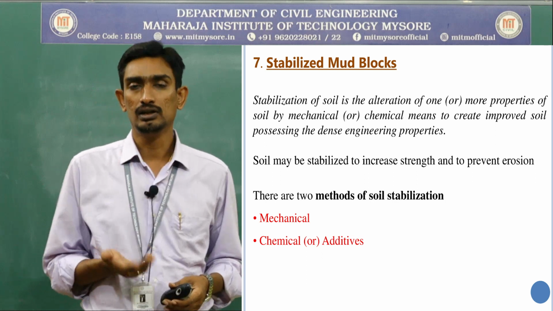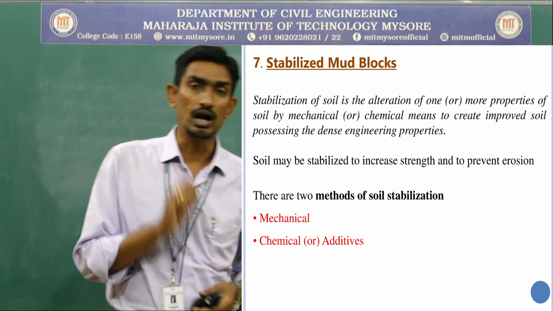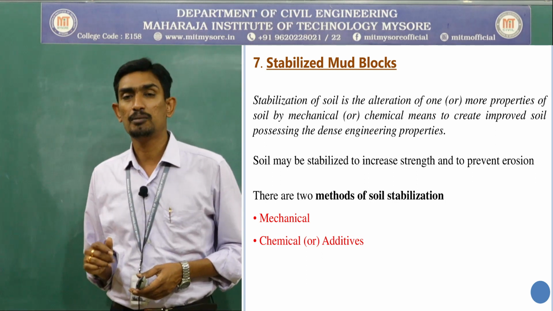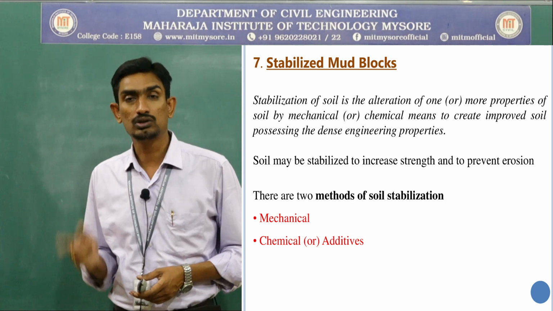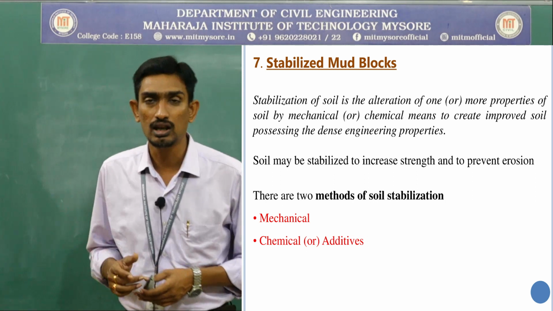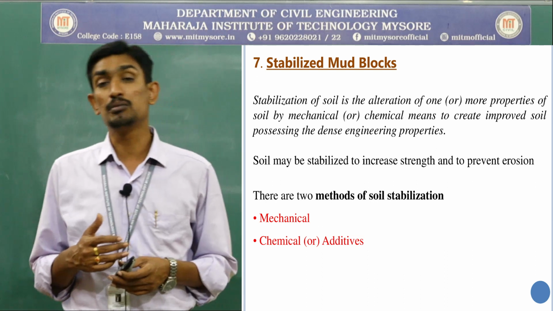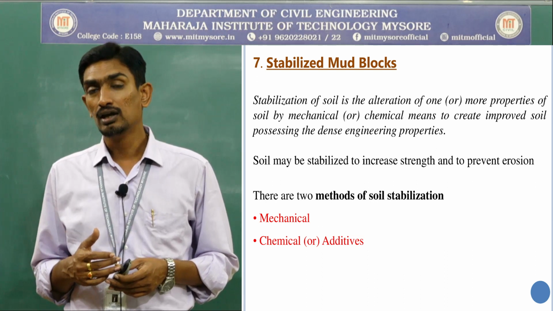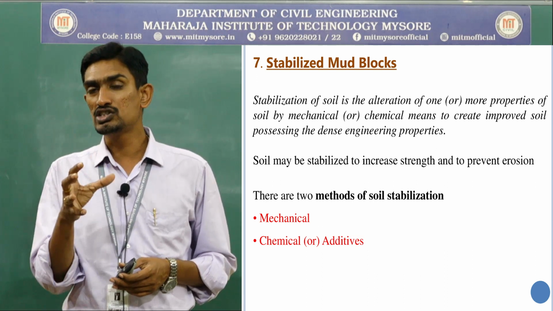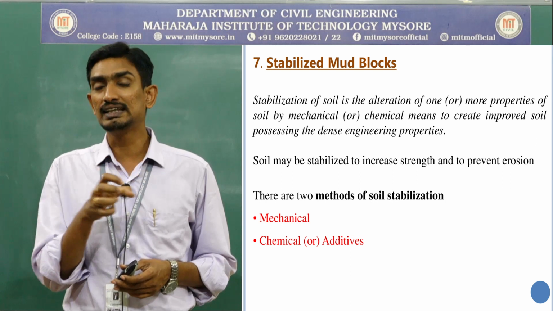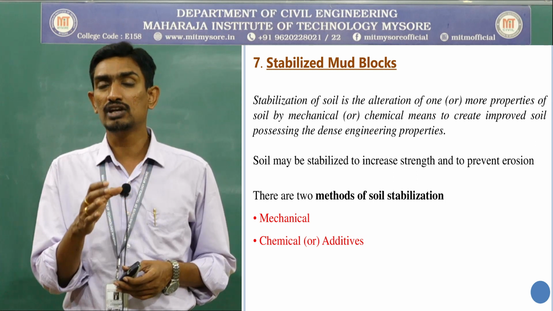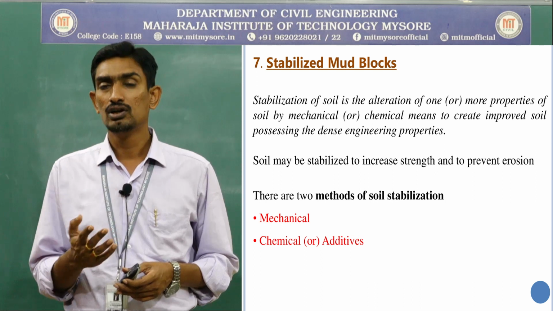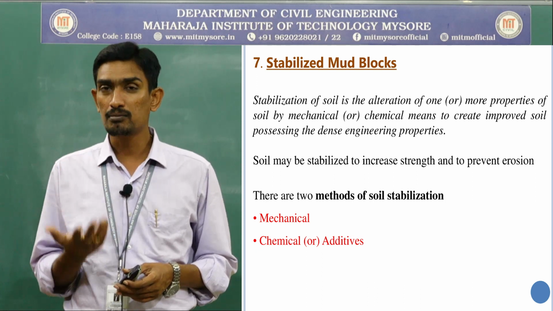Alternative means replacing. Additive means adding extra. This cement will be added extra to the 1 kg or whatever soil in order to produce the stabilized mud block. That means this cement will initiate a chemical process inside the soil so that we can achieve good density, good strength, and impermeability.